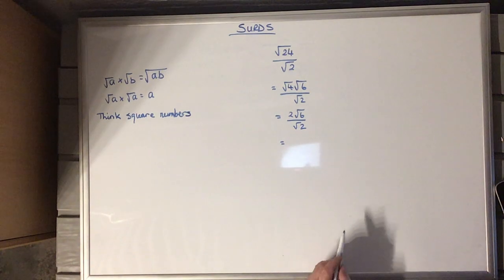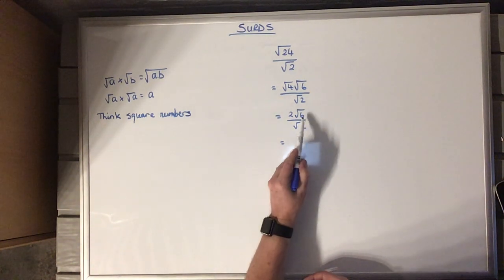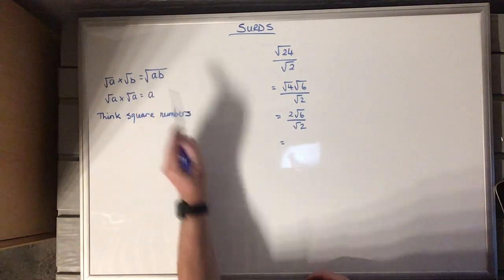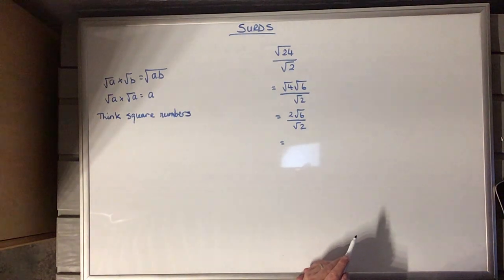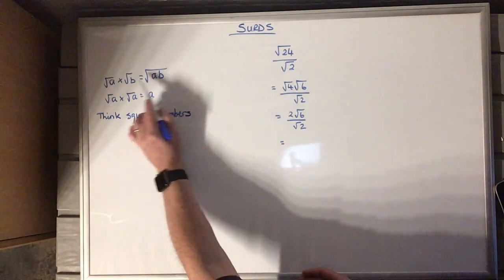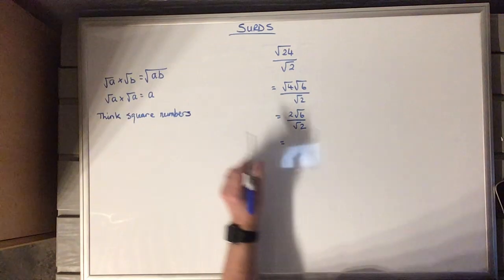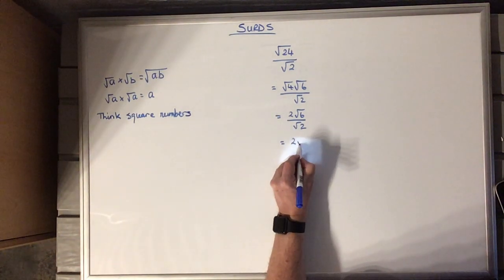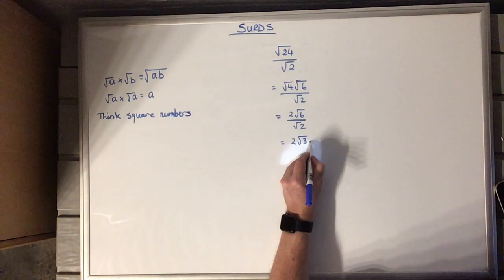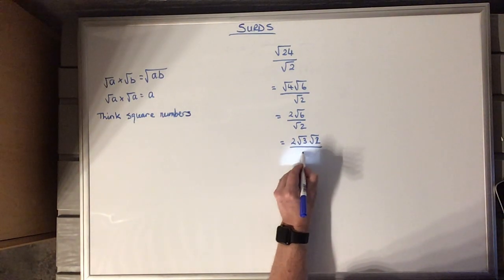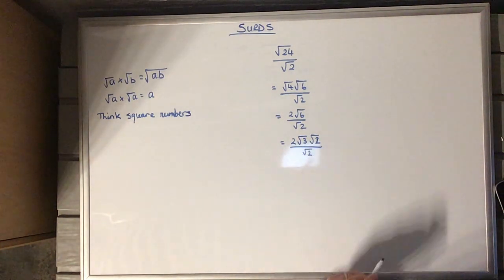Now, we're going to go to this equation here, root a times root b is equal to root ab, and I'm going to use it in reverse, so I'm going to go that way. So I'm going to split up root 6 into root 3, root 2, all over root 2.